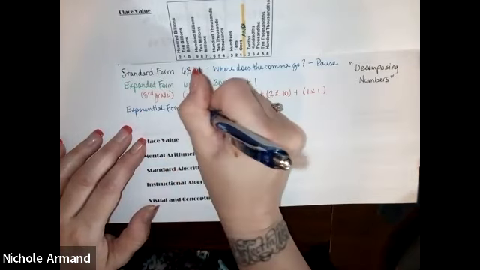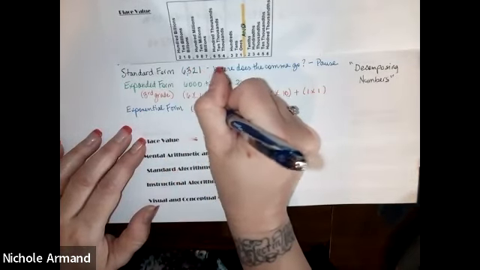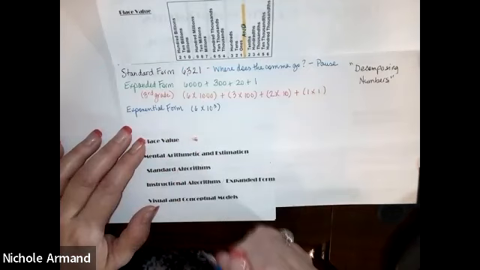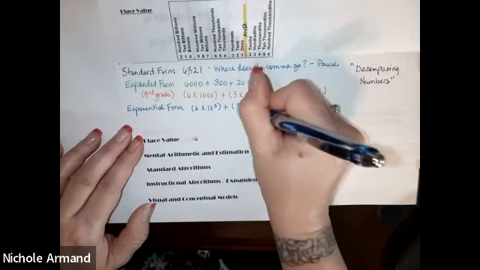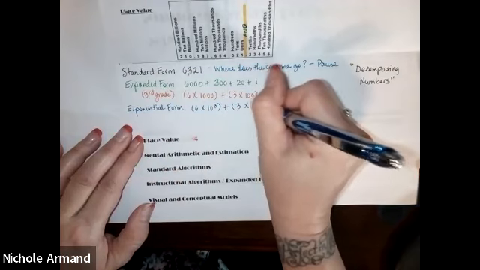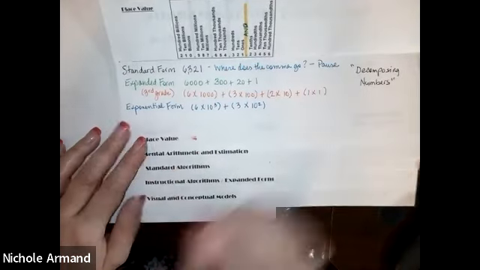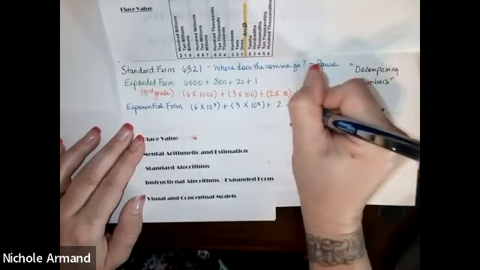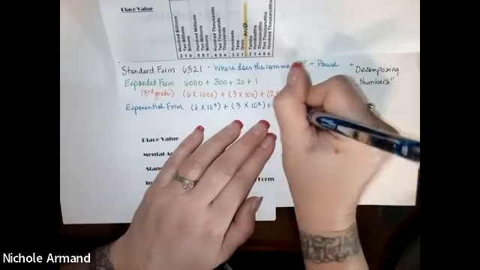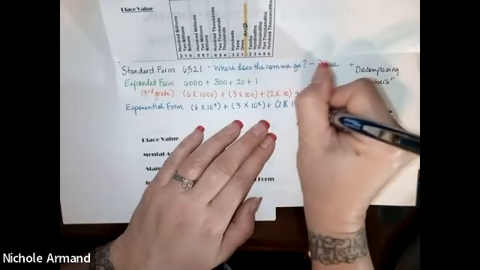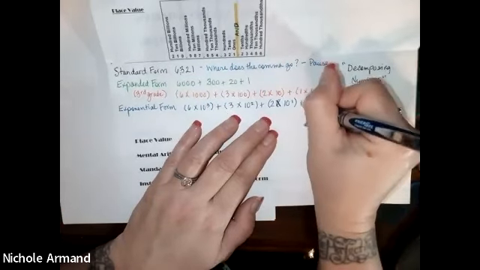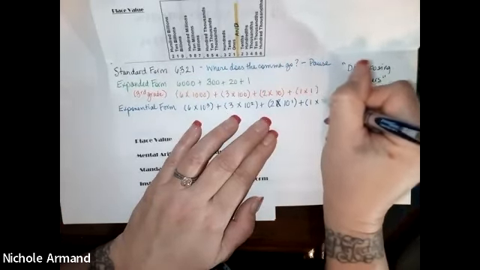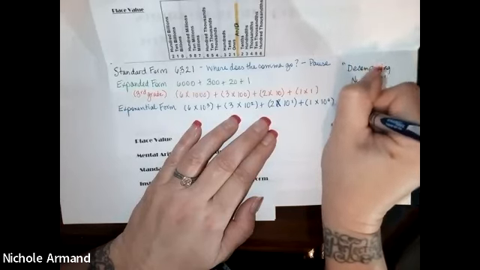And this is going to be 6 times 10 to the 3rd power plus 3 times 10 squared plus 2 times 10 to the 1 plus 1 times 10 to the 0.